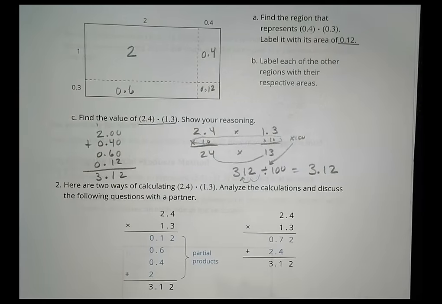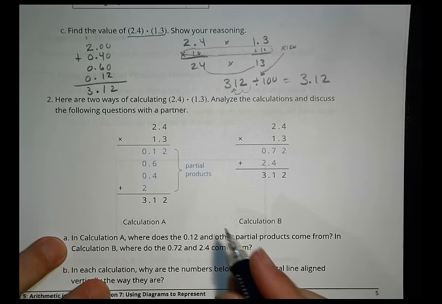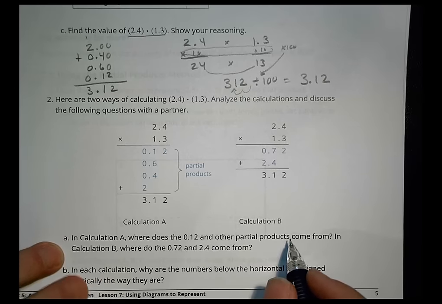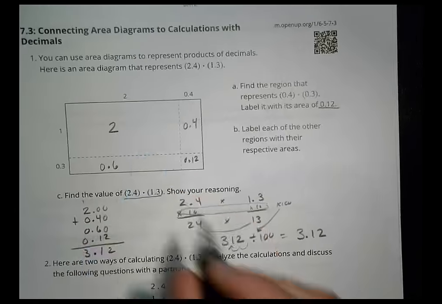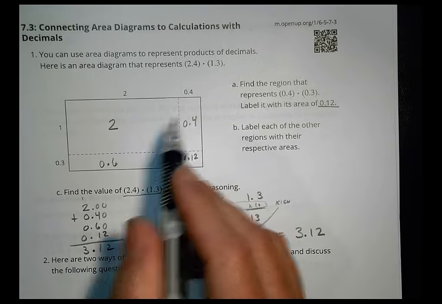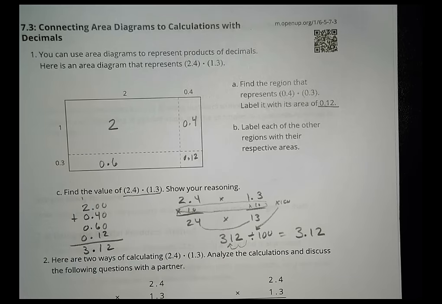So in calculation A, where does the 0.12 and the other partial products come from? Okay, well that comes from breaking apart the 2.4 into 2 segments and the 1.3 breaking it apart into 2 segments there.